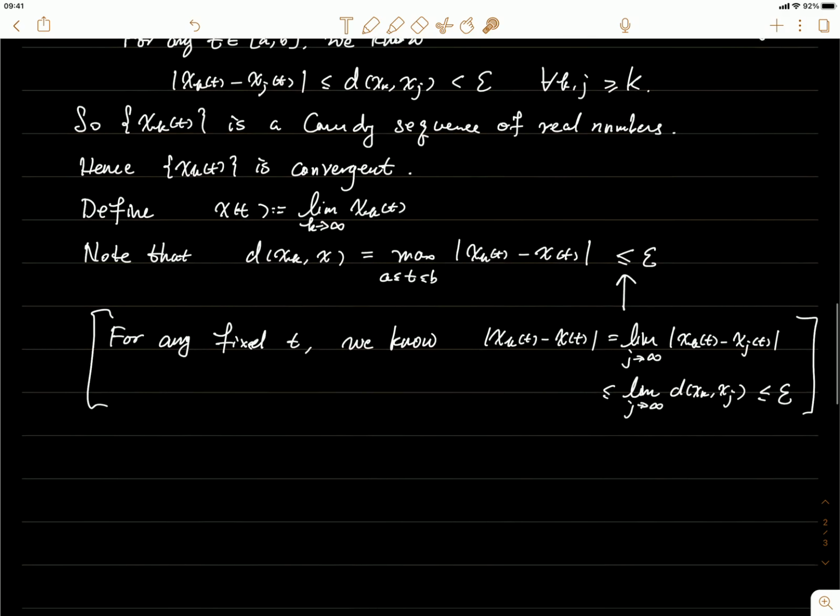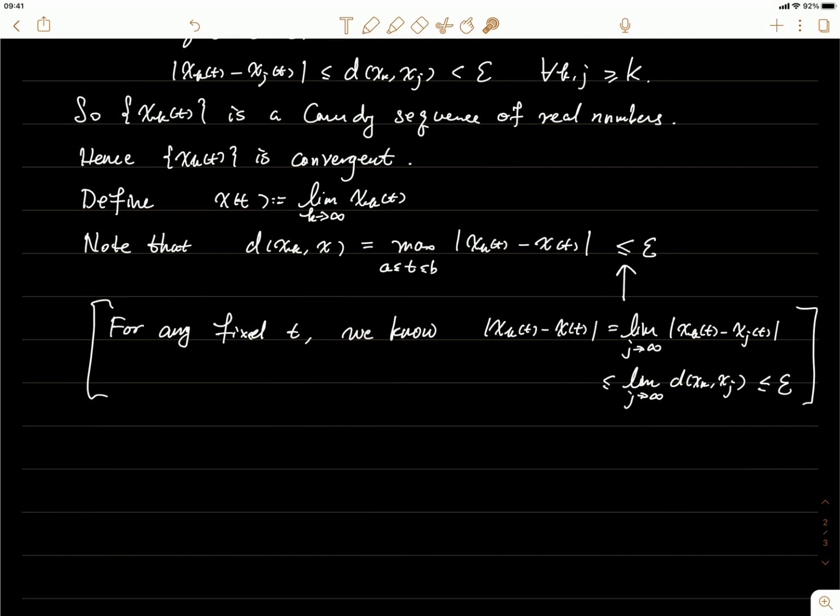So that shows that x is indeed the limit, and because the convergence in this space is a uniform convergence, xk is uniformly convergent to x over this closed interval [a, b], which is compact. So we know that this x must also be continuous.